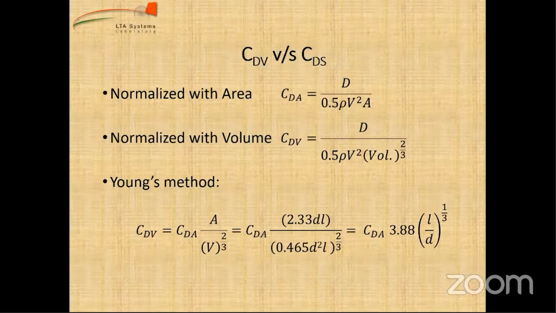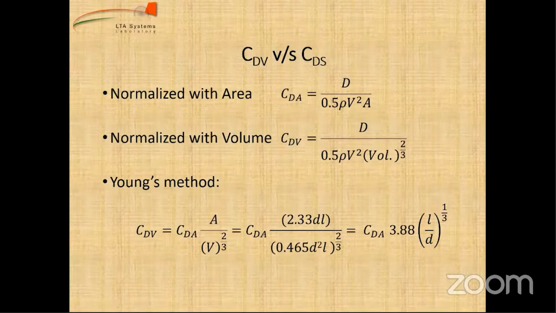This is very, very important because when you use any CFD tools for drag estimation, you typically make the mistake of calculating with the help of area, whereas what we particularly need is the volumetric drag coefficient.